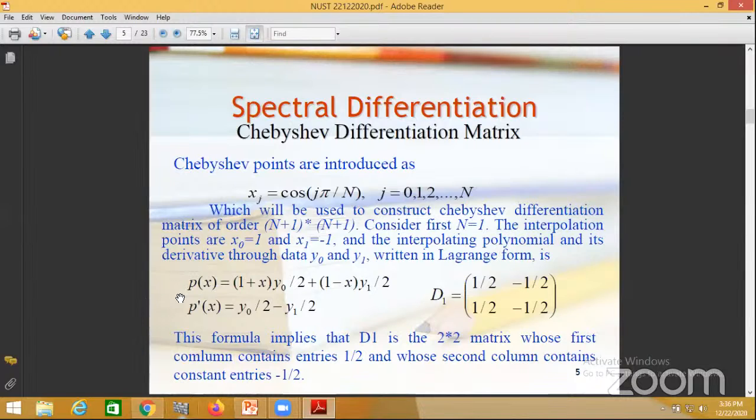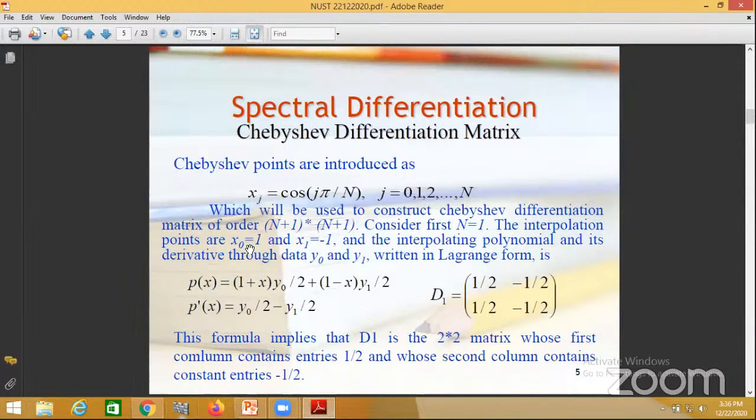This is the Lagrange polynomial at the points x0 equal to 1 and x1 equal to minus 1. For x0 equal to 1, we will get y0, that is p at 1. By putting x equal to 1, we are left with p of 1 equal to y0, and at x1 equal to minus 1, p of minus 1 will be y1.